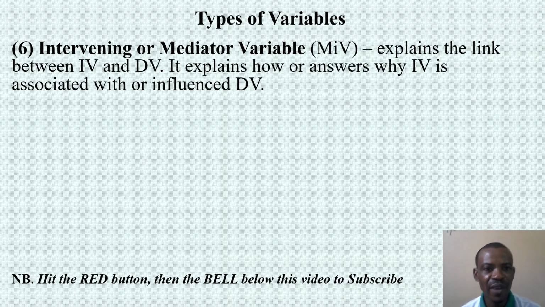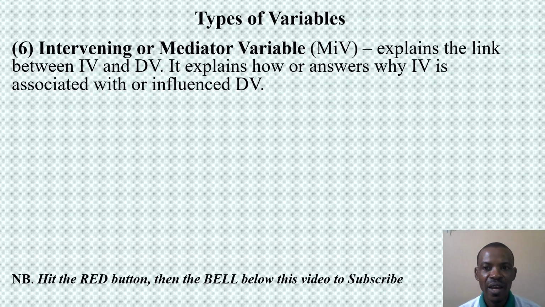Another important variable that we'll look at is the intervening variable, which is sometimes called the mediator variable. In fact, in behavioral research, the mediator variable is a very important variable that we cannot neglect, especially when we are implying that IV leads to DV.